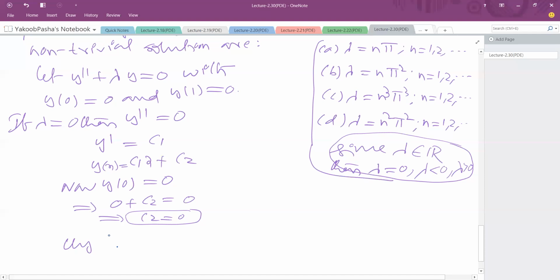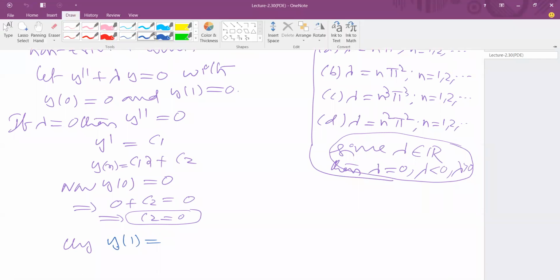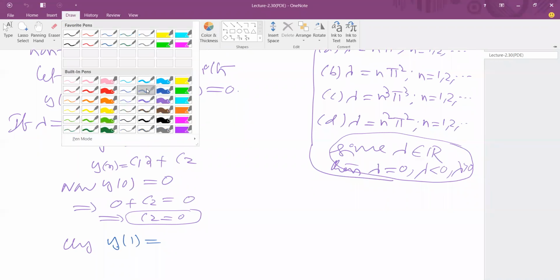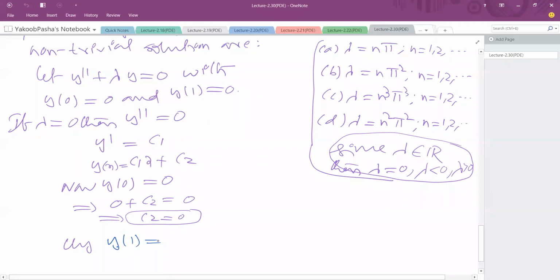Second boundary condition, that is y of 1 is equal to 0.